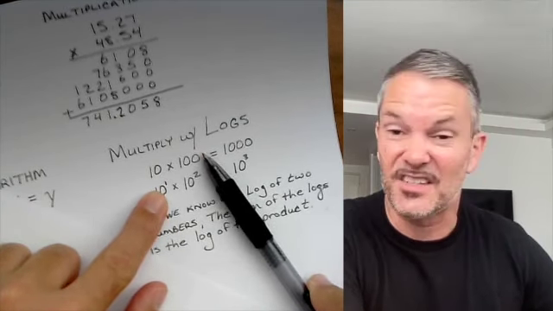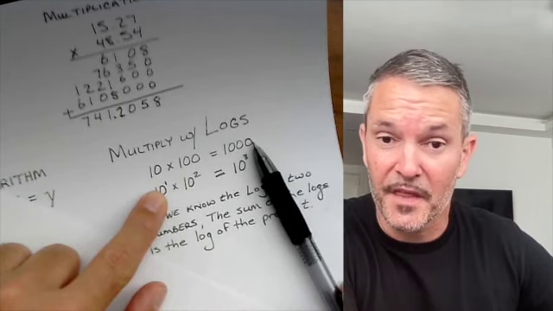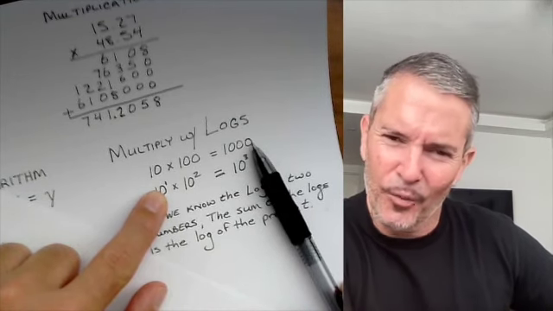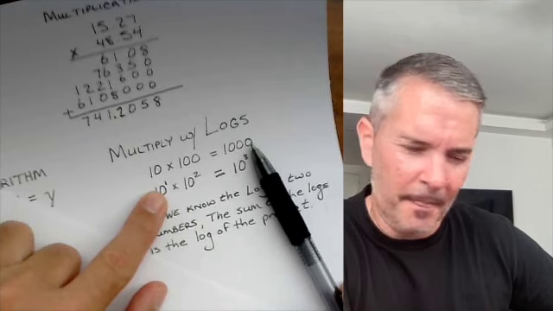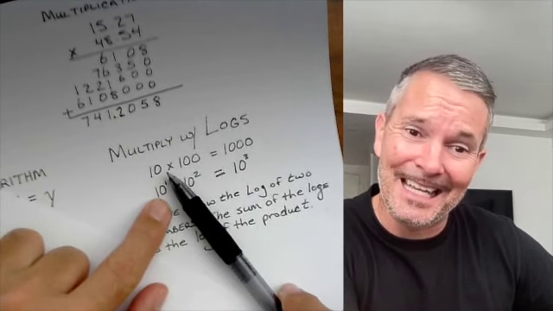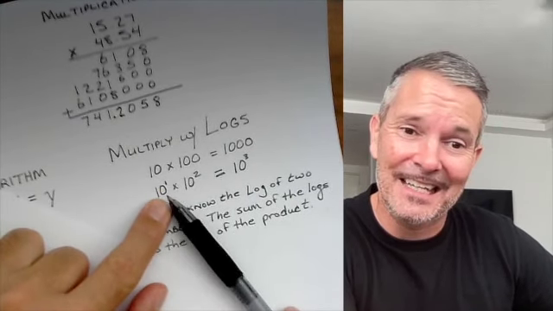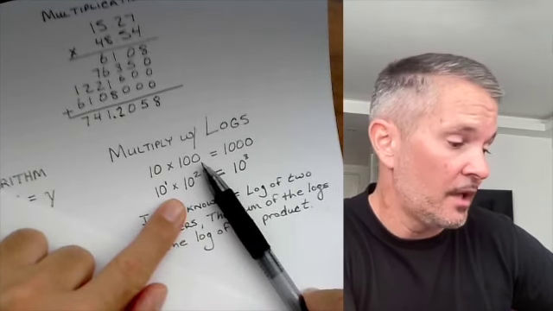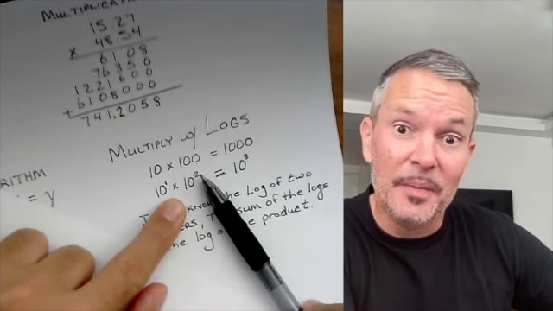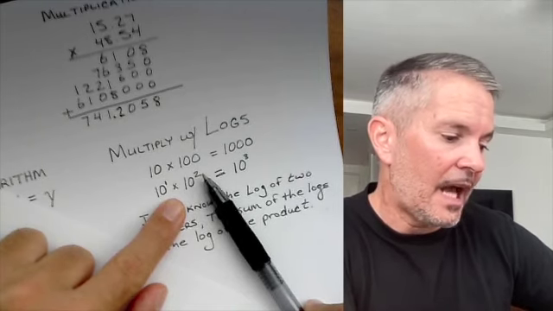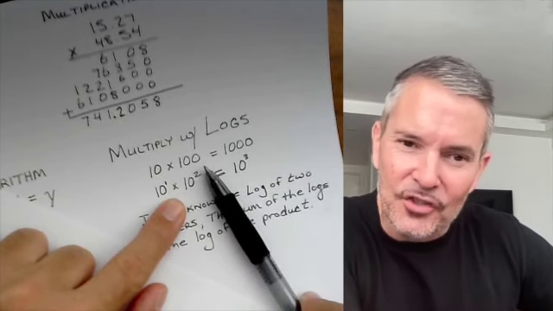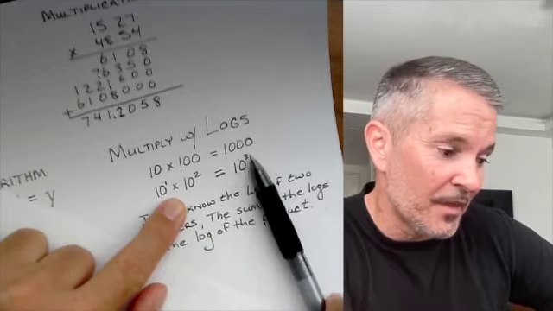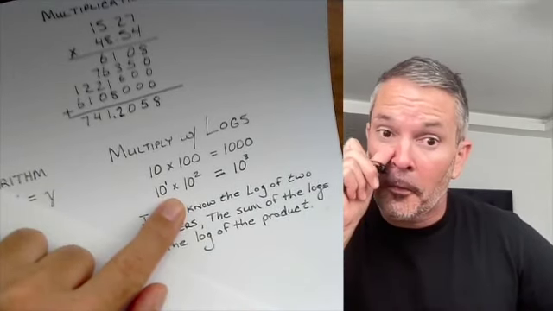I just add a 0 and the number is 1,000. But another way to think about this would be I could represent 10 as 10 to the power of 1. I could represent 100 as 10 to the power of 2. And I would notice that the answer of 10 times 100 is 1,000. That's 10 to the power of 3.